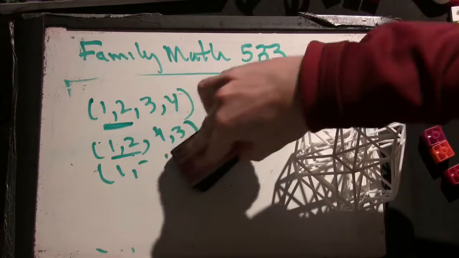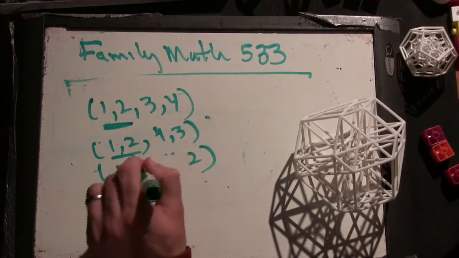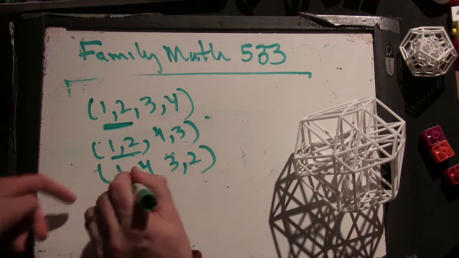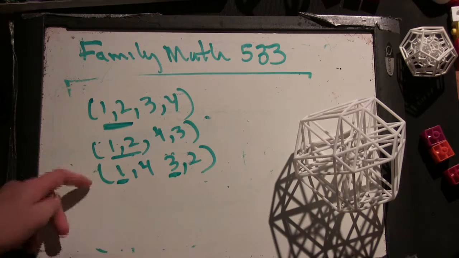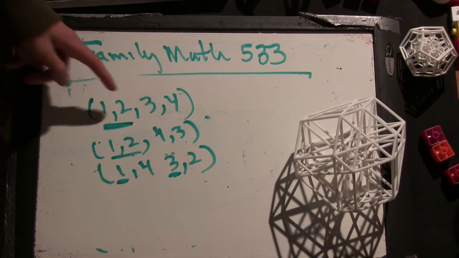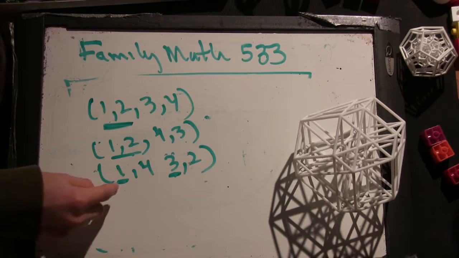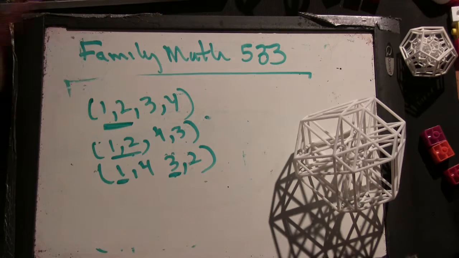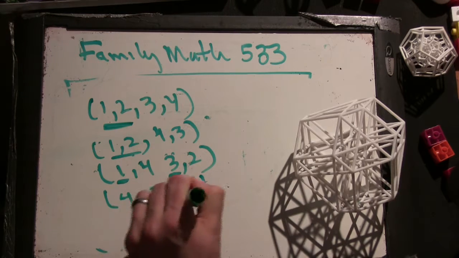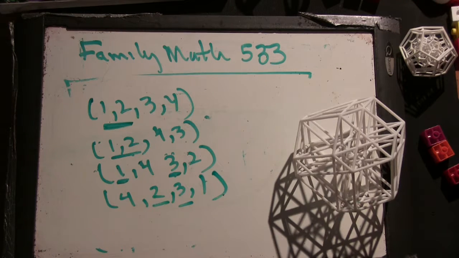Because it would share the 1 and the 3. Also, for the top one, you could have 4, 2, 3, 1.